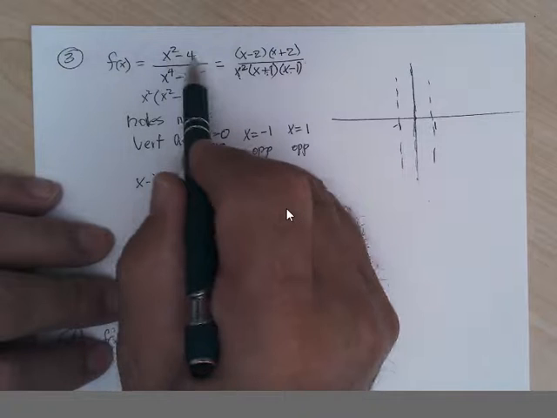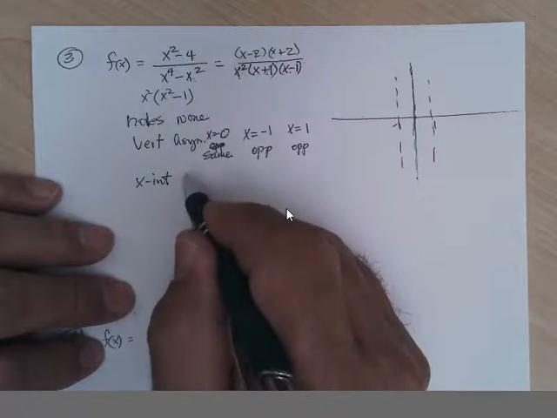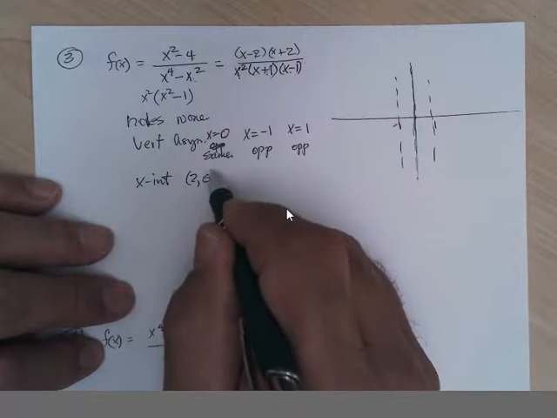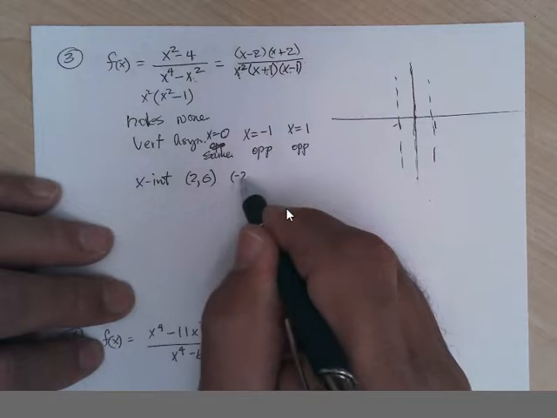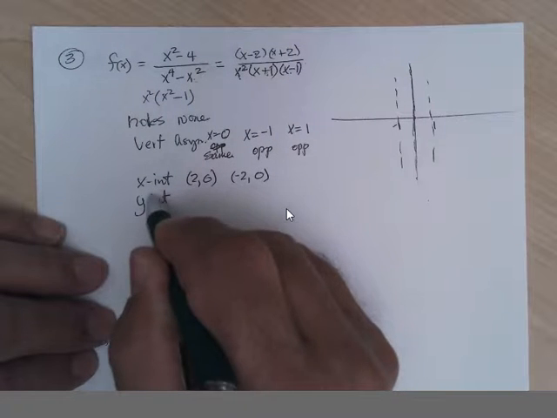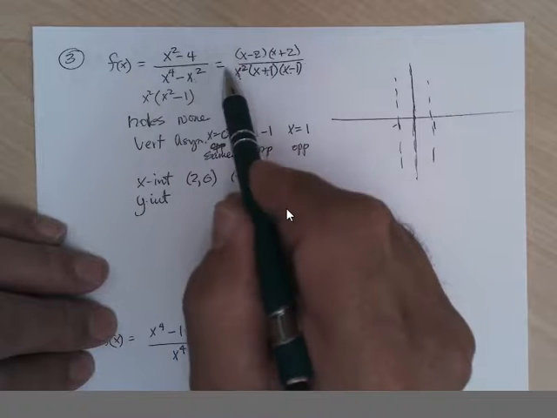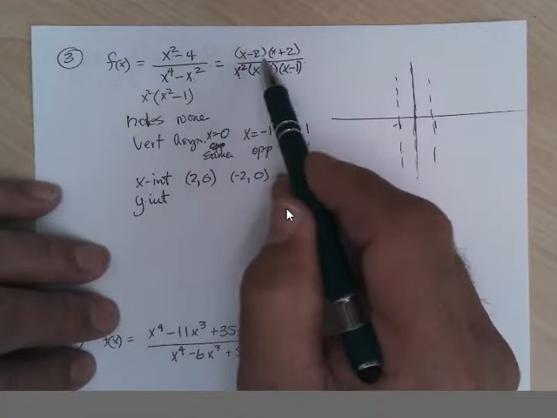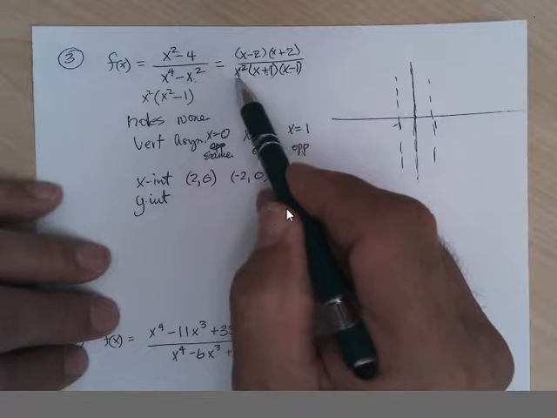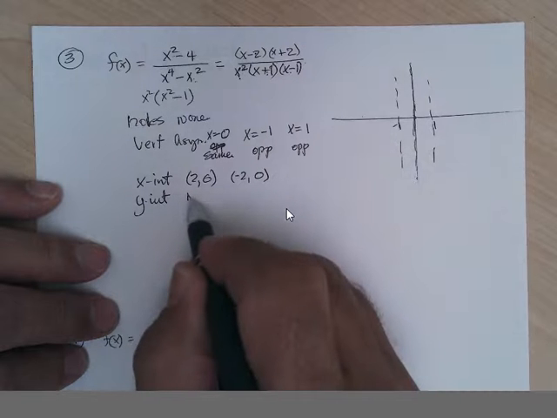So that's whatever makes the numerator 0, and that'll be a plus 2 or a minus 2. So 2, 0, and negative 2, 0. Y-intercept. That's whatever I get when I put in 0 for x. Well, I can't put in 0 for x because that's an asymptote, so there's none.